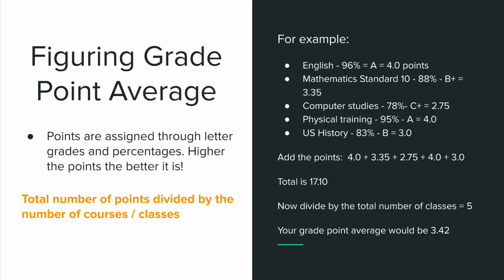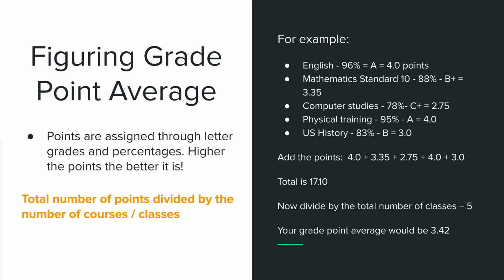Now you add your 4 points, your 3.35, your 2.75, your 4.0, and your 3.0, which is a total of 17.10. Now you divide by the number of classes that you have, which was 5, and you come up with a grade point average of 3.42.